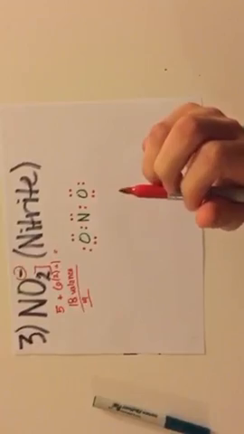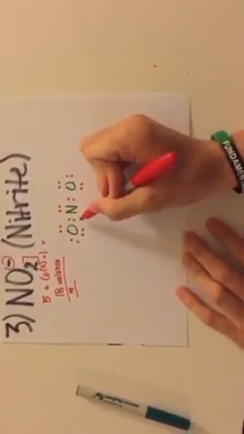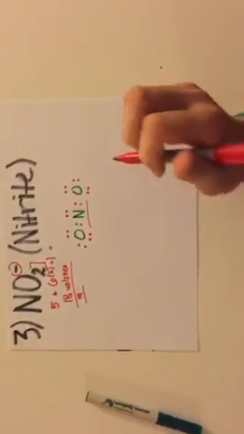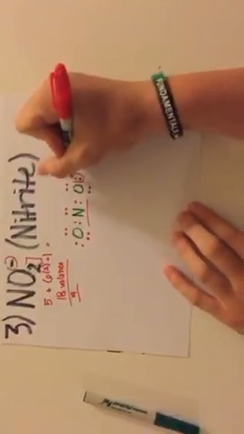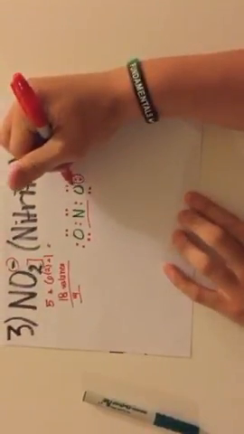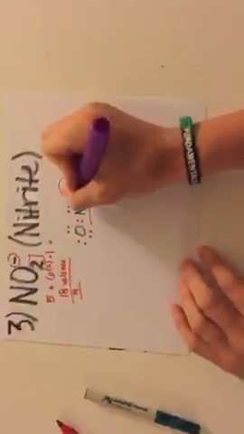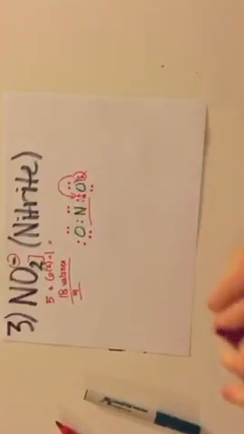Now notice that nitrogen here does not have a full valence shell. So we take those electrons, and we add them to this here. So our new structure would look like this.